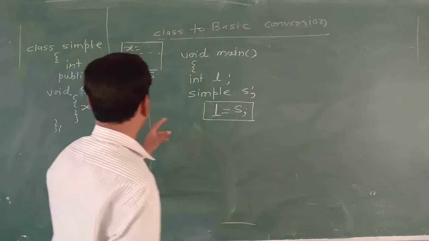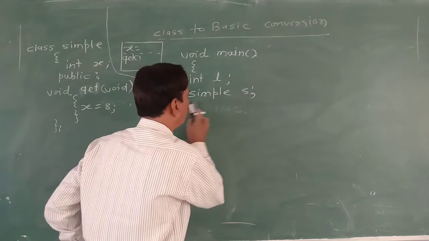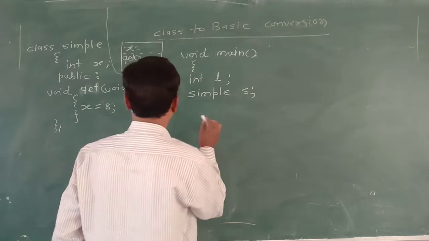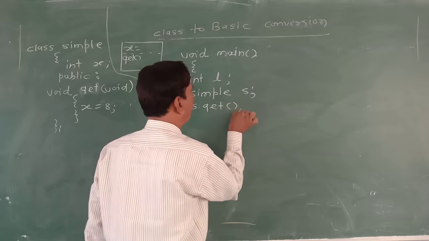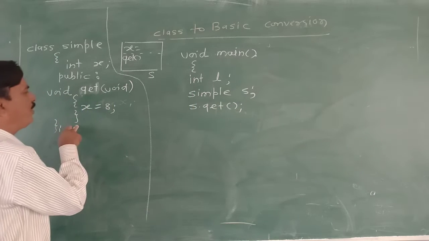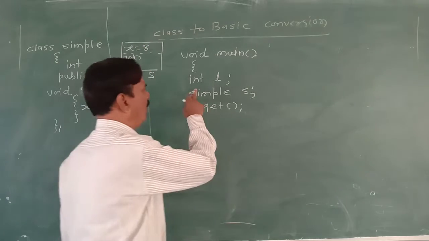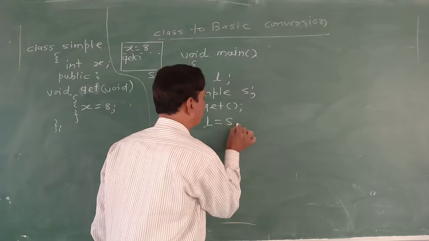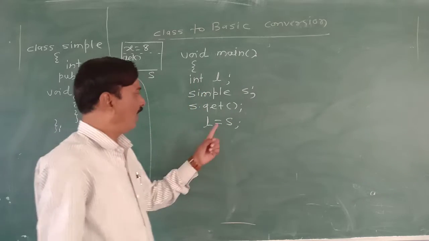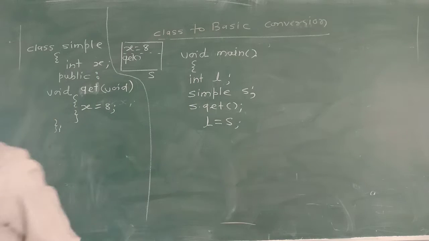But here we will now call s dot get. What will happen? The get function will execute. It will initialize x is equal to 8. So L is equal to s. Look, s is a class type variable, L is int.